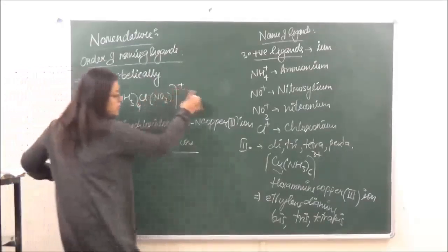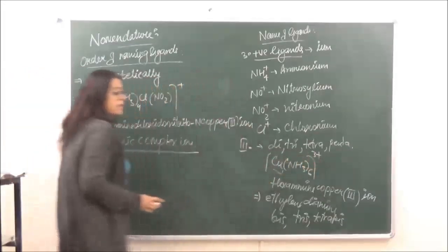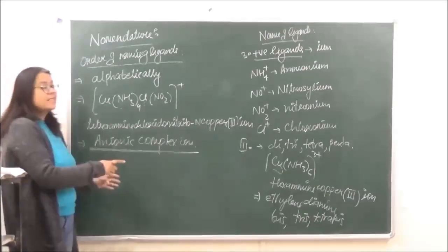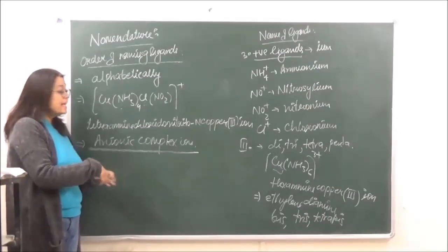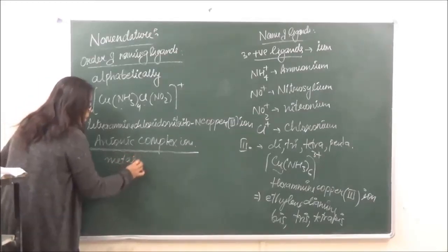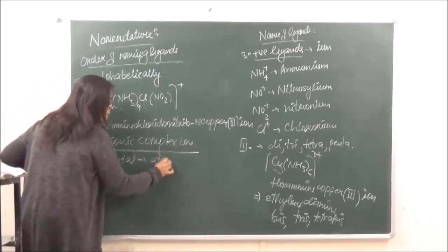There's a positive charge here, there's a positive charge here. Now what happens if the counter ion is positively charged and the complex ion is negatively charged, that is, an anionic complex ion? In that case, at the end of the metal name, we are going to use the suffix -ate.